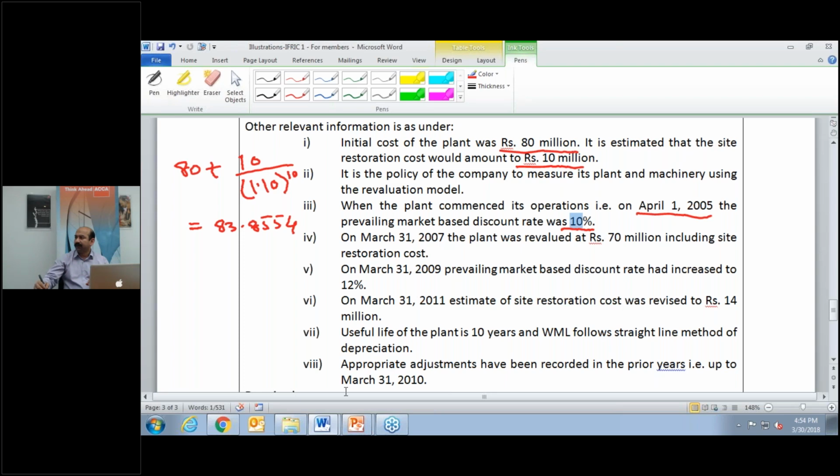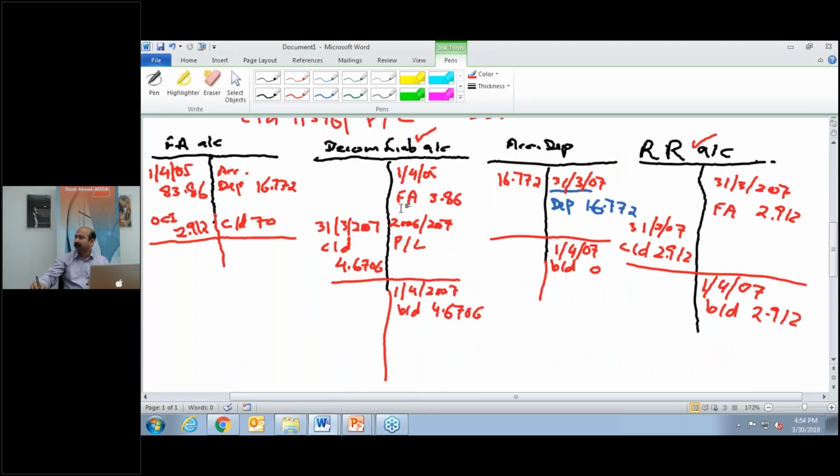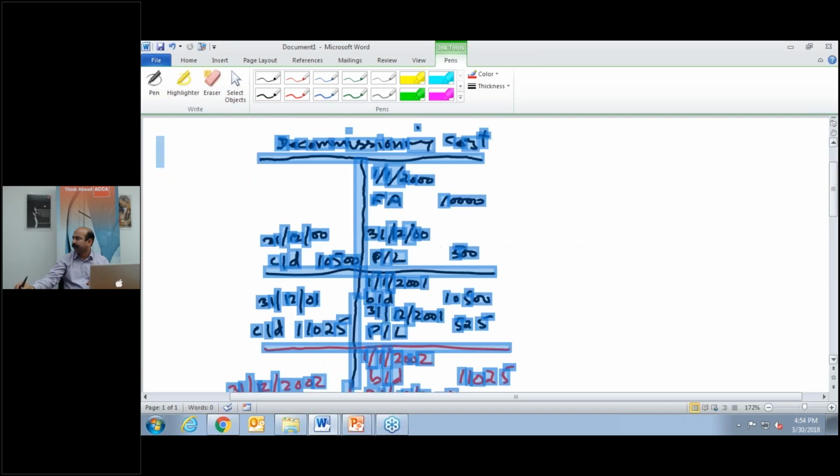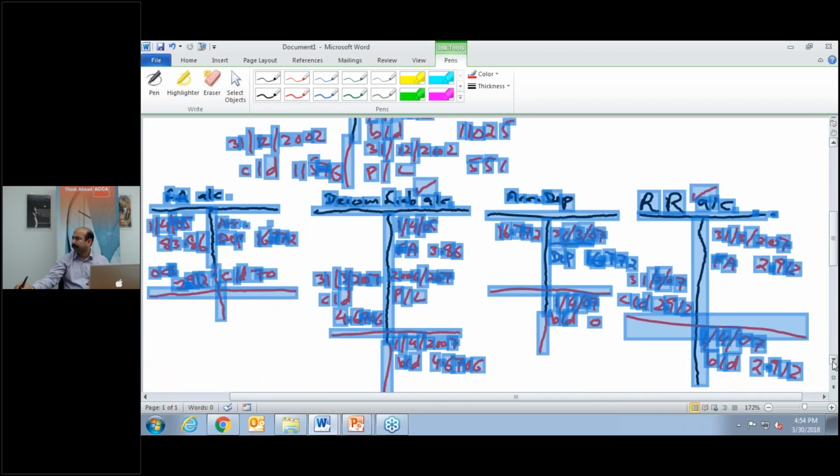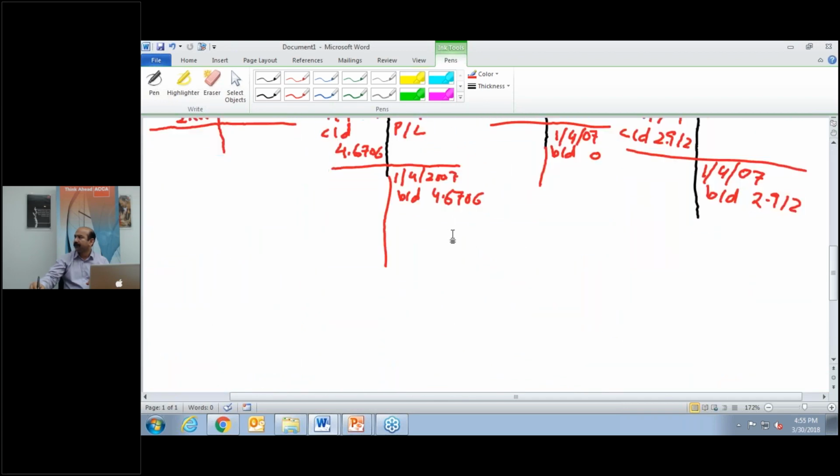Now, how will we treat it? First of all, we will now focus on this decommissioning liability and revaluation reserve. Okay, this is the decommissioning liability.